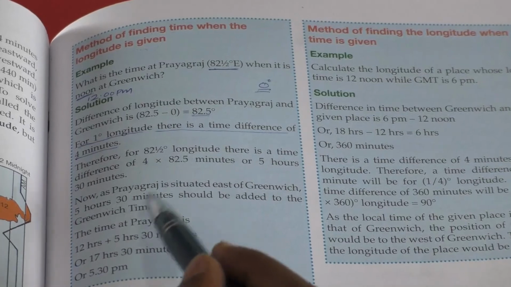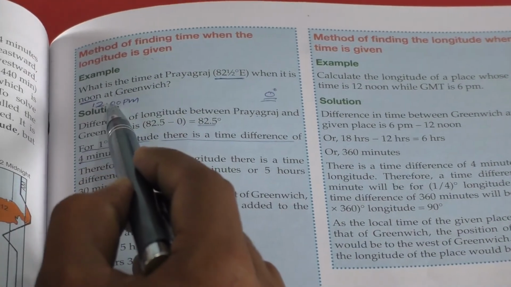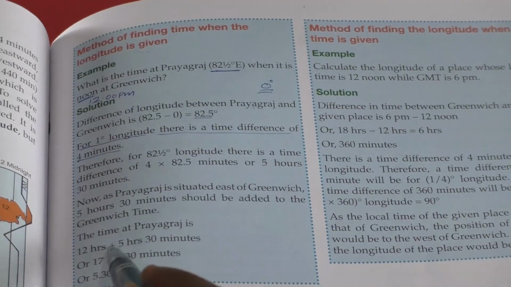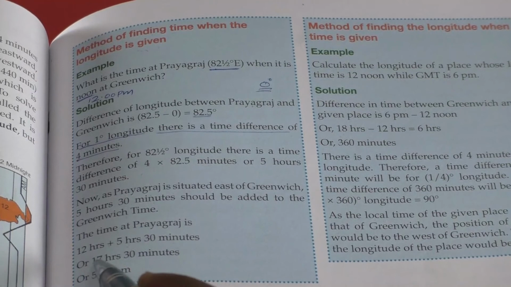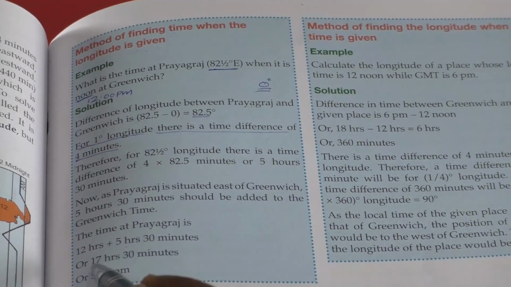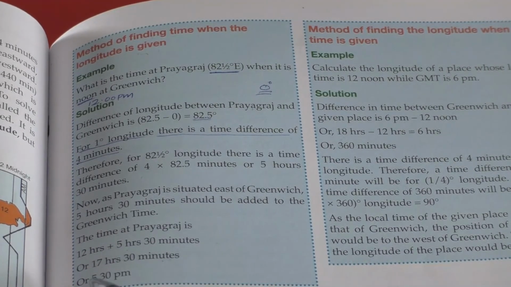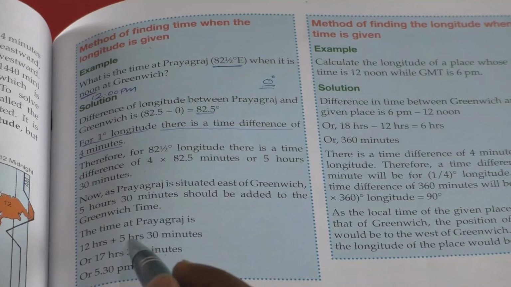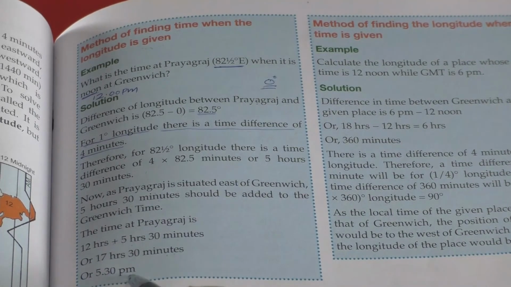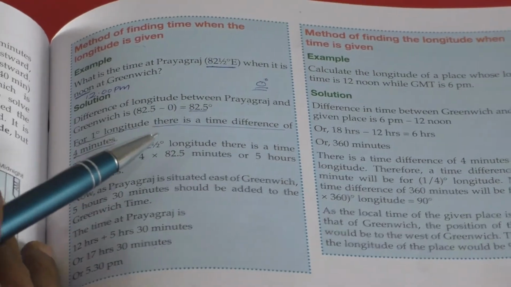Greenwich time, noon, means 12 o'clock p.m. So 12 hours plus 5 hours 30 minutes, the answer is 17 hours 30 minutes, or 5:30 p.m. Got it? Now you can see the next method.